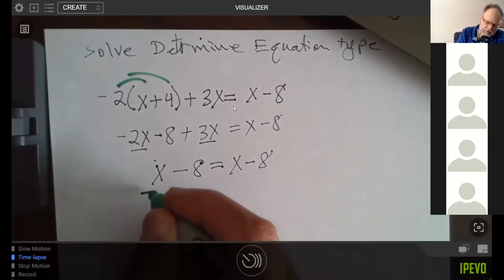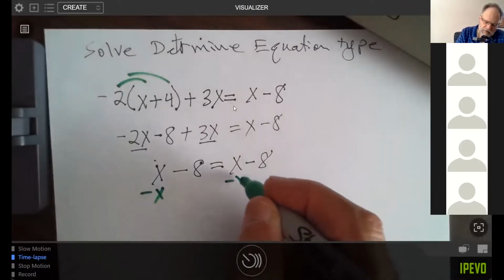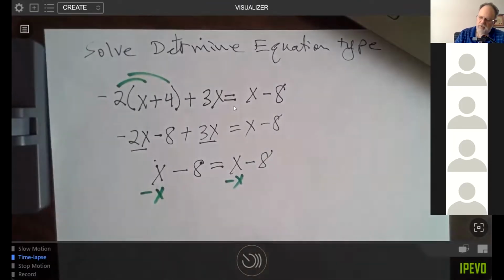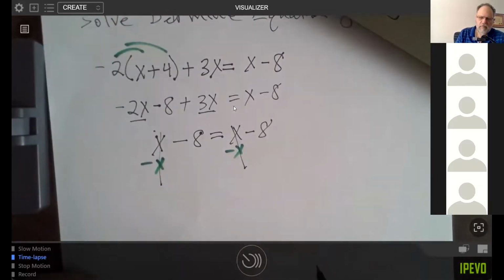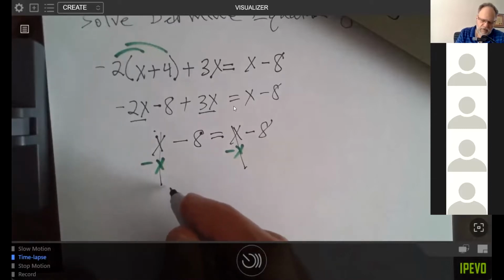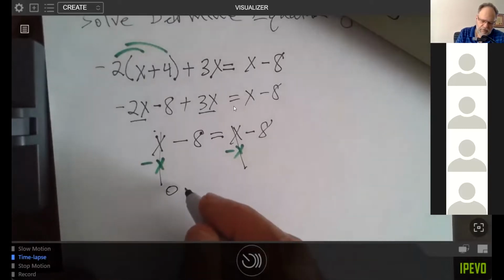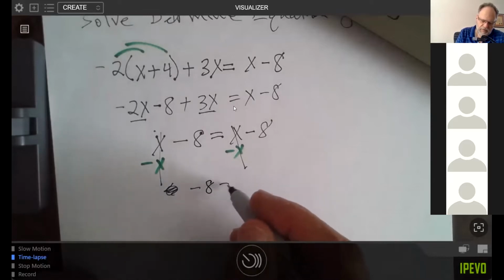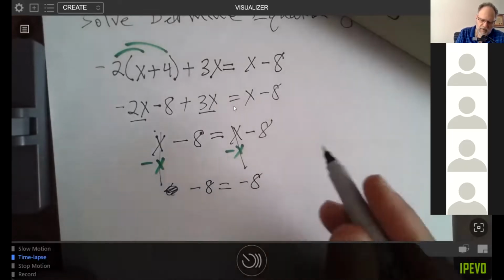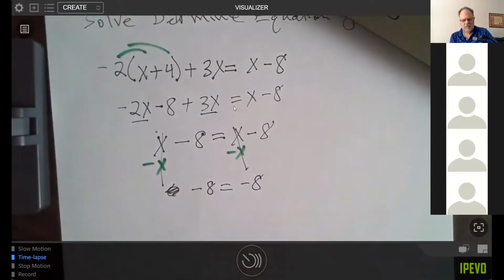Now if we try to combine the x's together by applying minus x to both sides, what happens to the x's? They cancel. It's like they go to 0. But we don't put 0 minus 8, we just put whatever's left over. So we've got -8 equals -8.